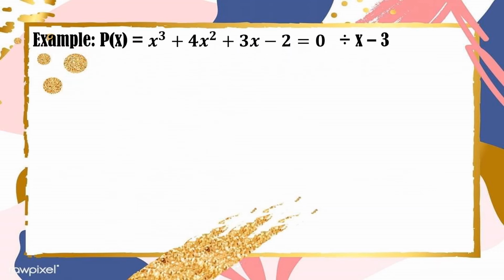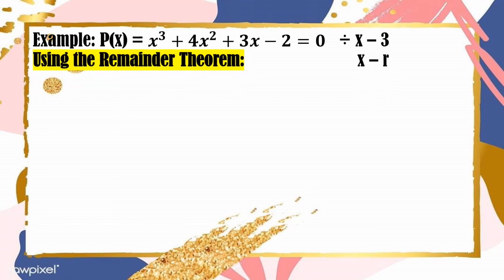For example, p of x is equal to x cubed plus 4x squared plus 3x minus 2, divided by x minus 3. Using the remainder theorem, we will apply x minus 3 in the form of x minus r. So, we're going to equate x minus 3 to 0.